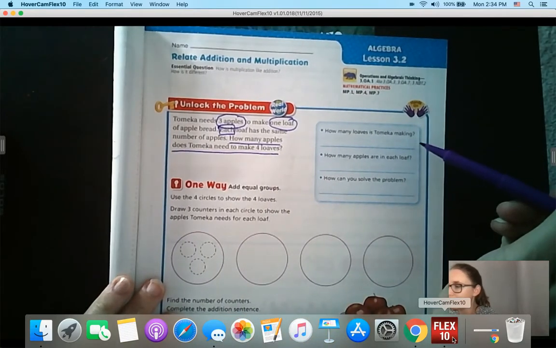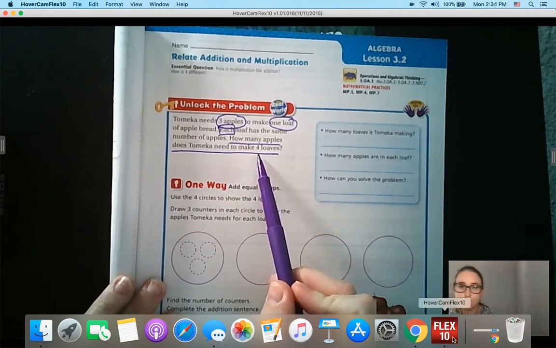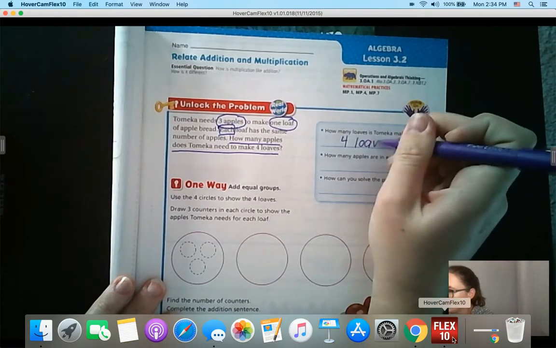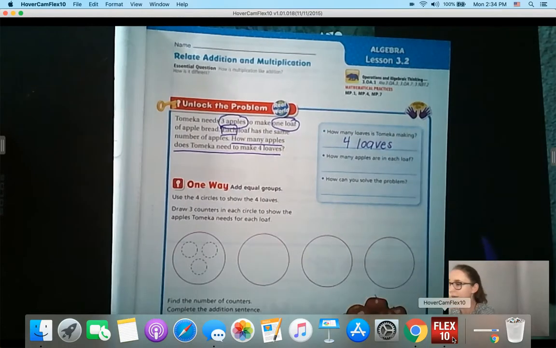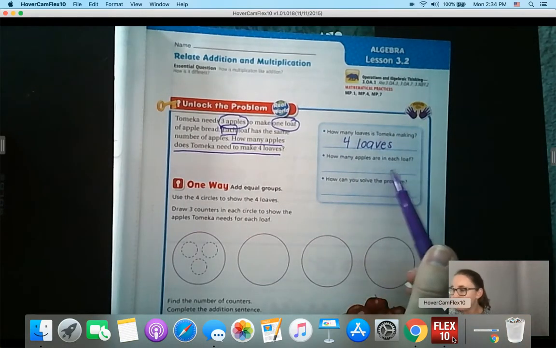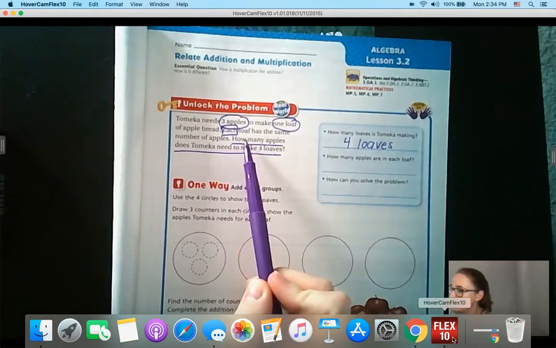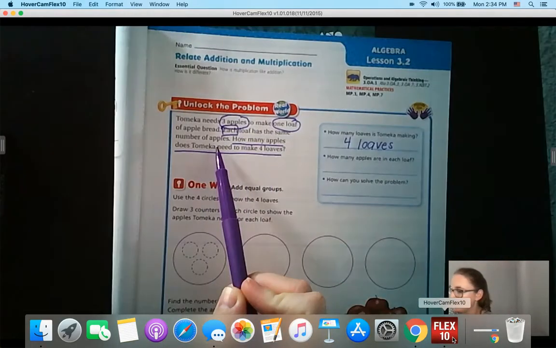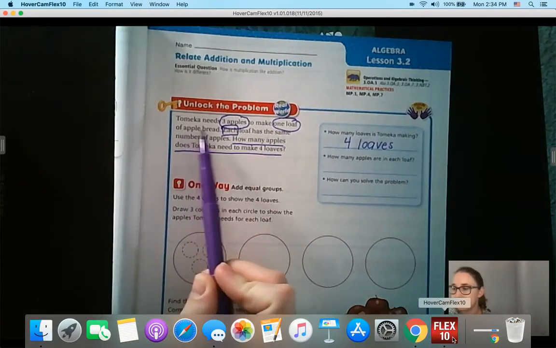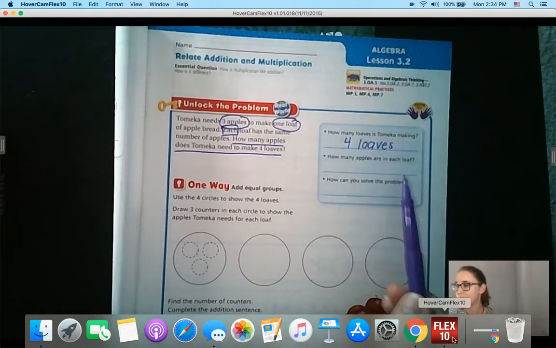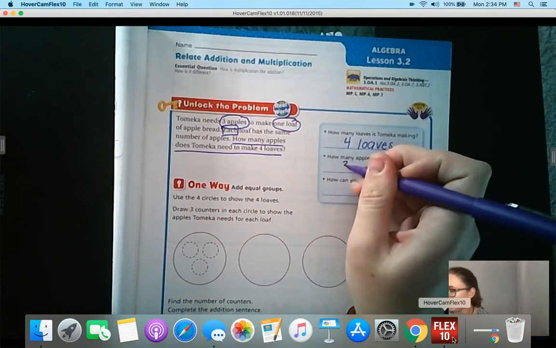So going over here, how many loaves is Tamika making? She's making 4 loaves. Okay. How many apples are in each loaf? So each loaf has the same number of apples. And up here it says Tamika needs 3 apples to make 1 loaf. So how many apples are in each? 3 apples.